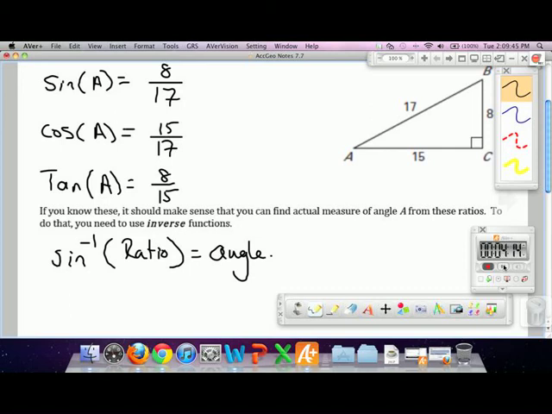So if I do inverse sine of 8 over 17, I get what angle A is, which we said in our calculators was about 28.07 degrees.